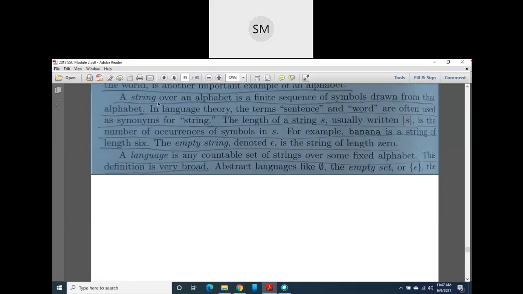A language is a set of strings. A string is a set of symbols. A language is a set of strings.